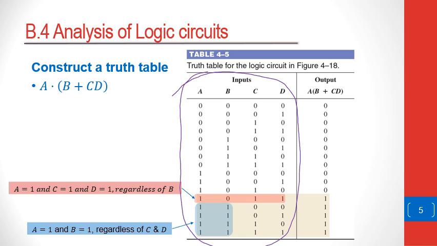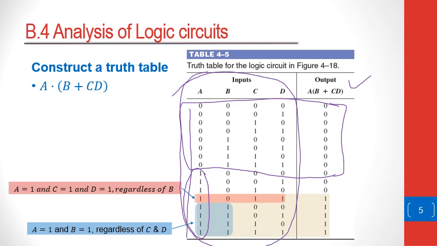Because there are 4 inputs, you have all of the 16 possibilities of the inputs. Now the output here will be 1 if, first of all, A has to be 1. So this can never be 1 when A is 0.